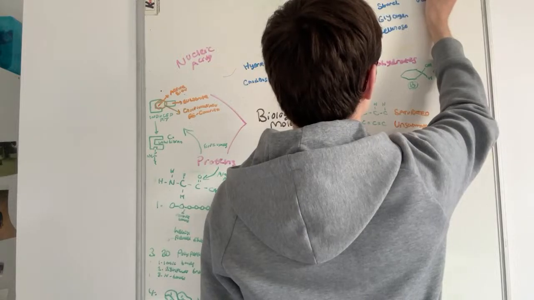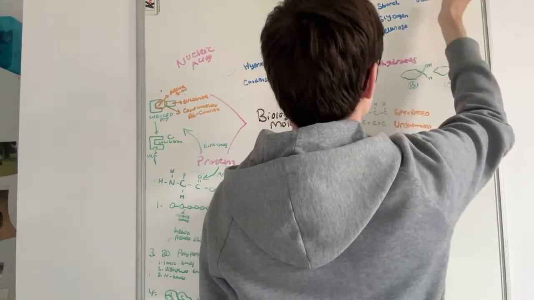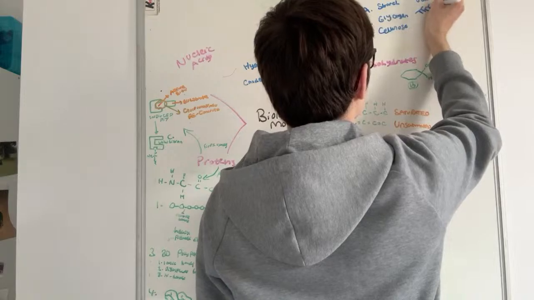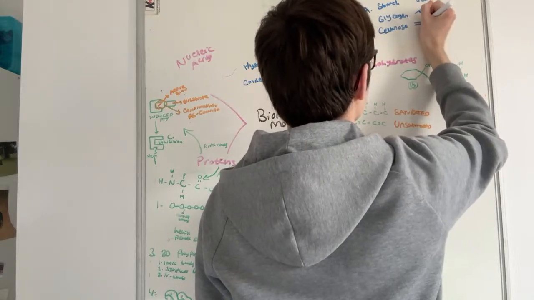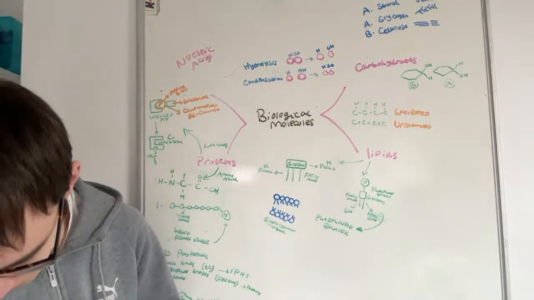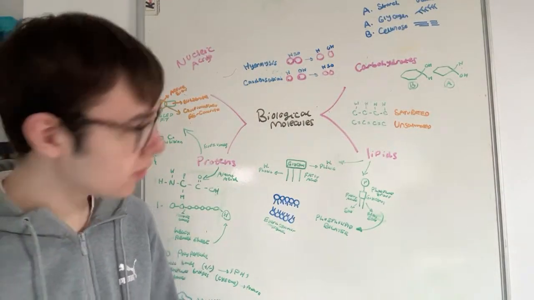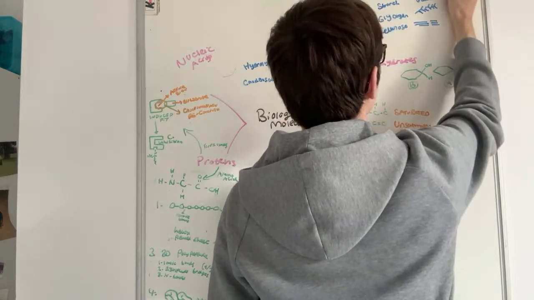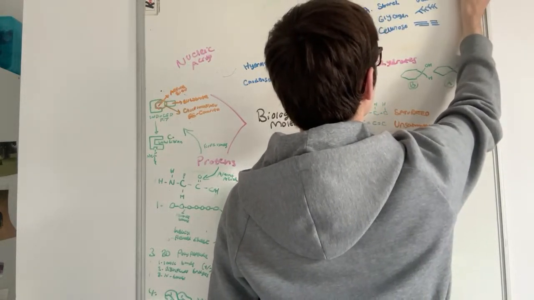Starch is kind of like this, glycogen is like this, and cellulose is like that. You've got amylose and amylopectin.